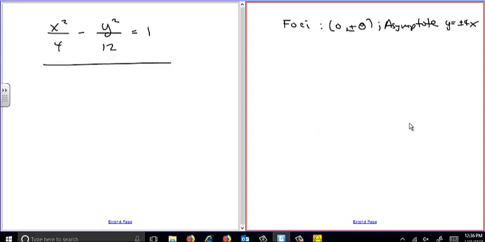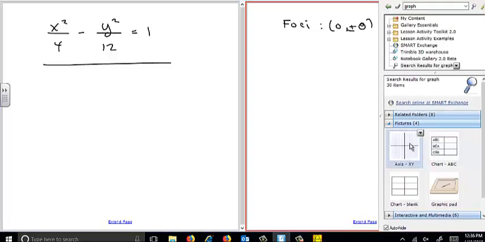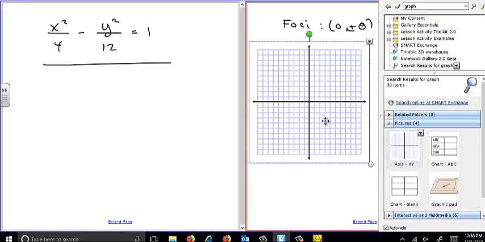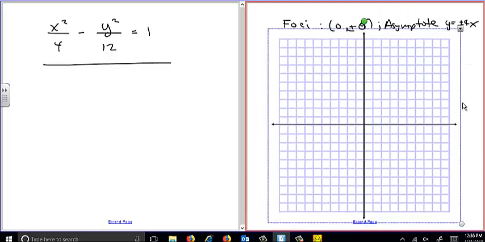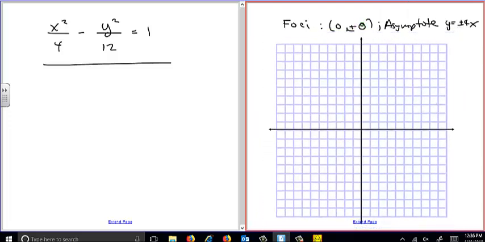So let's plot this thing. Okay, so x equals 0, y equals plus or minus 8. So we go up here. There's that, and there's that.